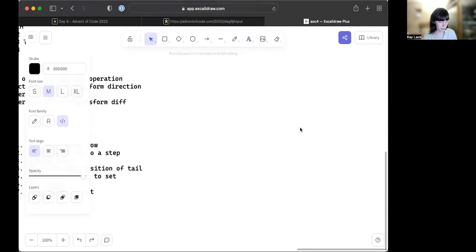Plan is one. Change head and tail to a list of 10 knots, the coordinates.